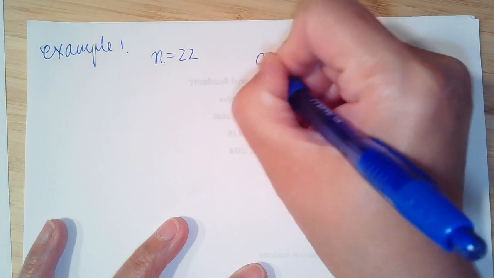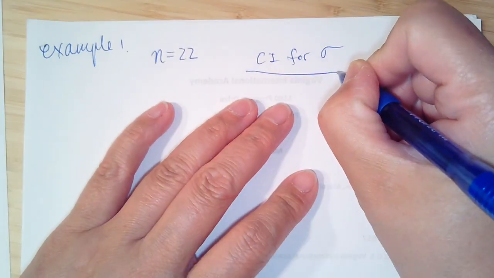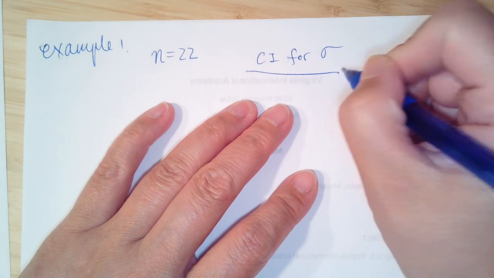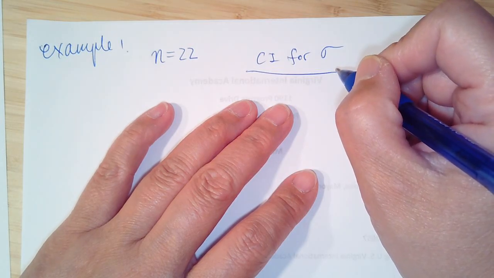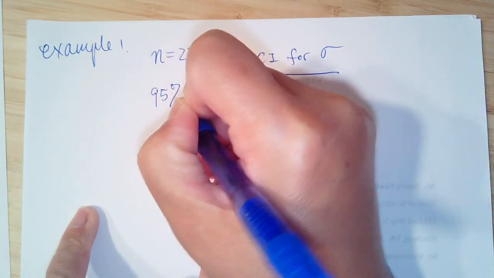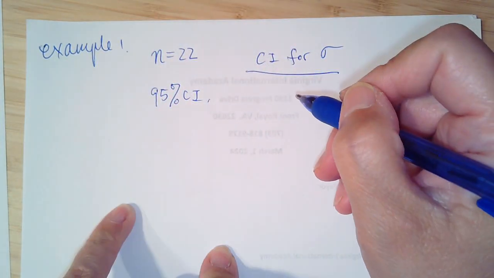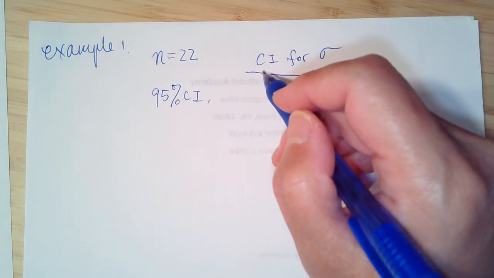So we need a CI for sigma. That will require the left and the right critical value of chi-square, and we want the confidence level to be 95%. So a 95% CI, and the sample size is 22.